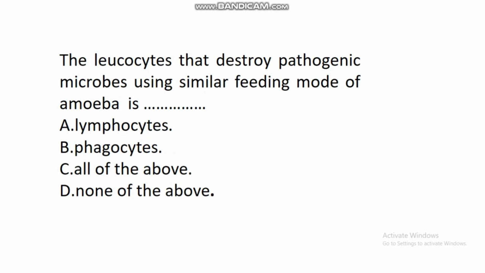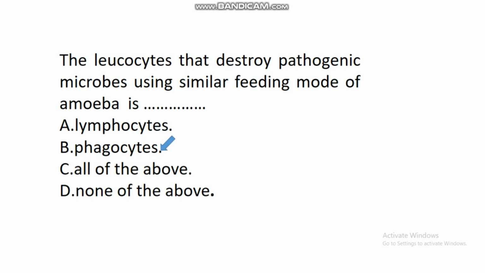The next question says, the leukocytes that destroy pathogenic microbes using similar feeding mode of amoeba is called dash. A. Lymphocytes, B. Phagocytes, C. All of the above, D. None of the above. In this question, the correct answer is B. Phagocytes.